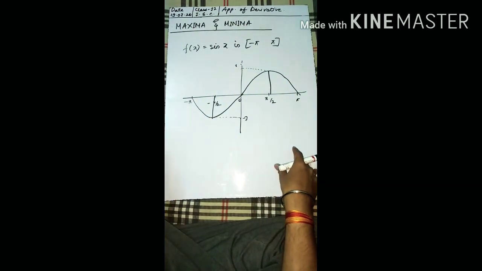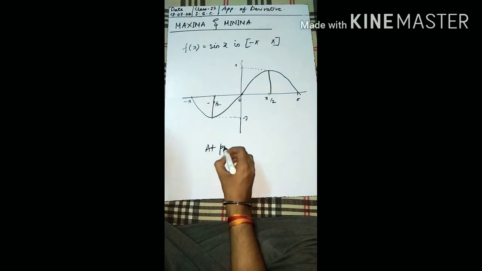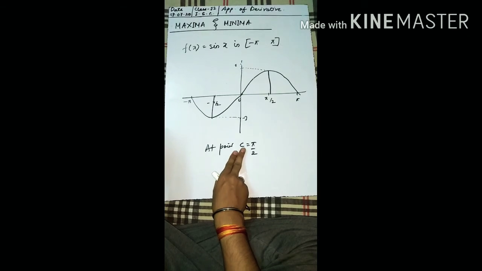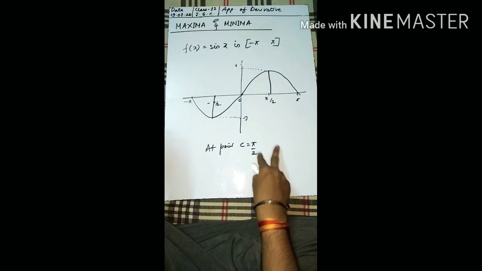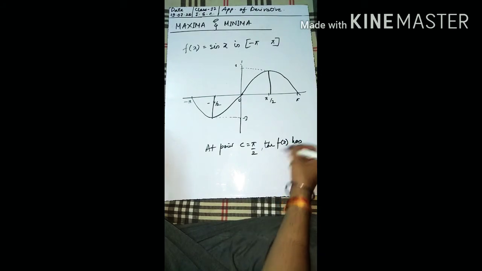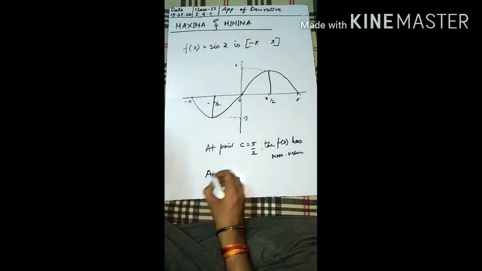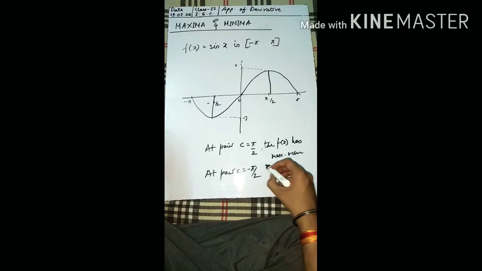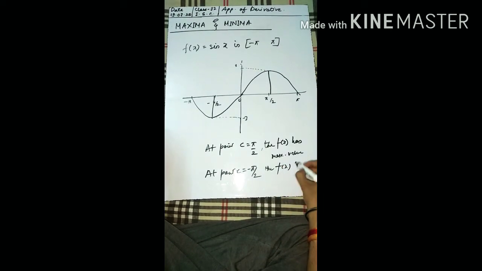So how you can write that: at point c equal to pi by 2, I'm considering a point c equal to pi by 2, at this point the function f(x) has maximum value, and at point c equal to minus pi by 2 the function f(x) has minimum value, that is a minima case, and this is the maxima case.